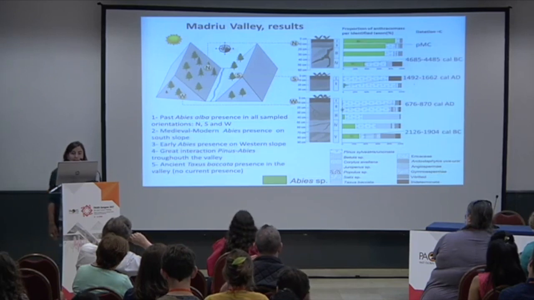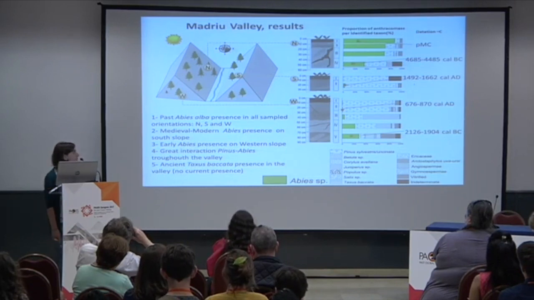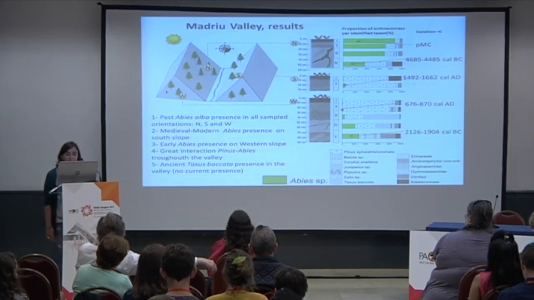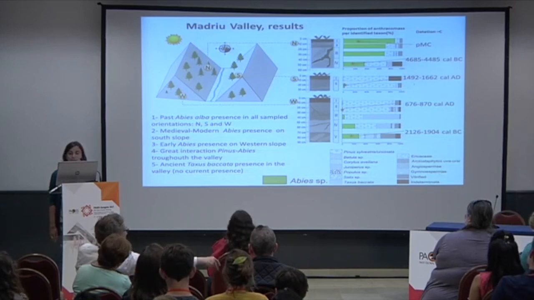Well, it's clear that the south-facing signal is weak, but it demonstrates Abies past presence in a recent period, around medieval and modern periods. Early Holocene fir past presence is registered in these western areas. Another aspect to be highlighted here is the important dynamic interactions within the species in all the points.